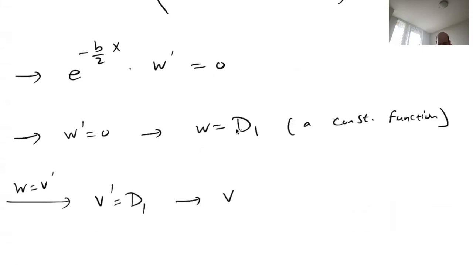That means v of x is equal to d1x plus d2. If v prime is d1, then v is the antiderivative of d1, and the antiderivative of the constant d1 is d1x plus d2.